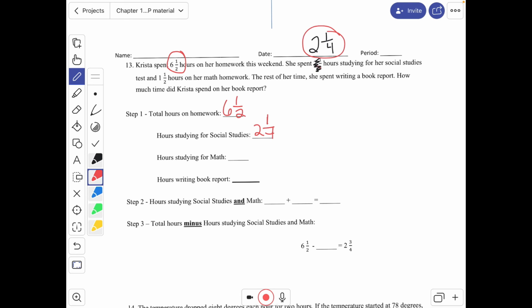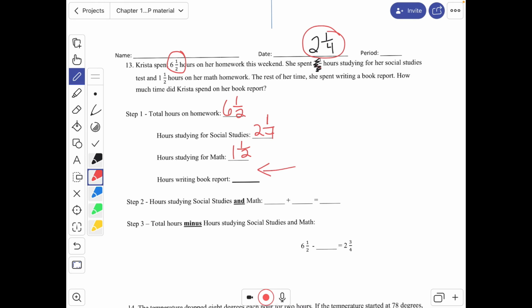And hours studying for math? 1.5. And we're trying to figure out the hours writing a book report. So it didn't tell us that. That's what we have to figure out.